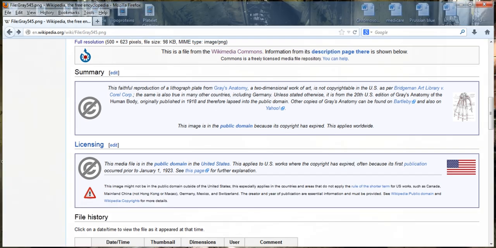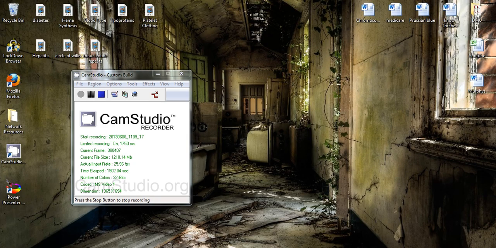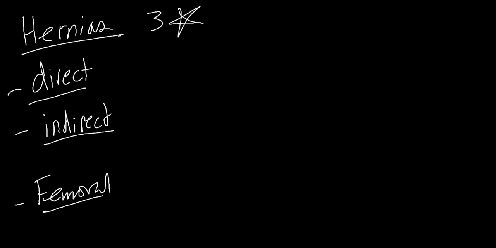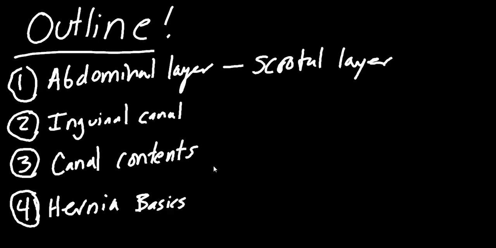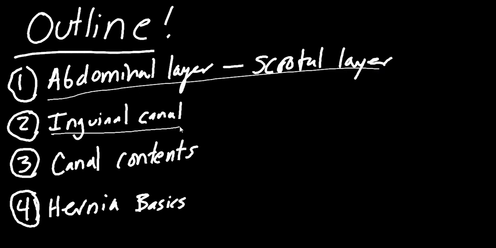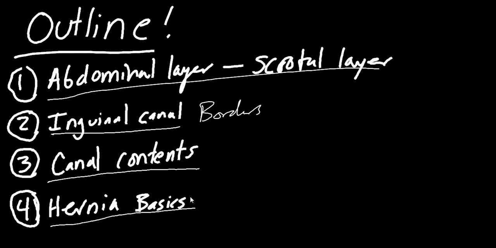Now let me go to my screen here. Let's go back to the first page. We talked about the different layers. We talked about the inguinal canal borders. We talked about kind of where it is. We talked about what goes through that inguinal canal. Then we talked about some hernia disorders.